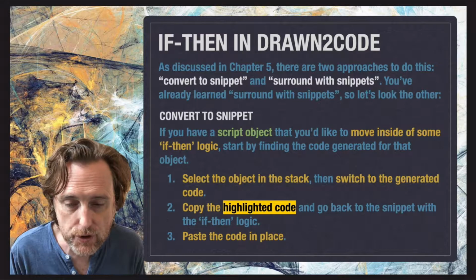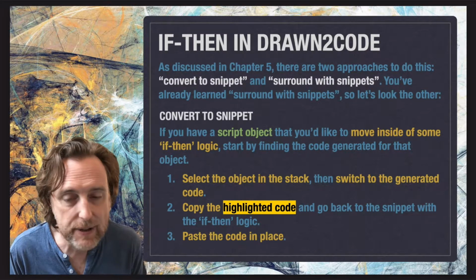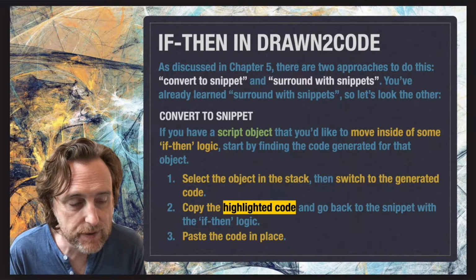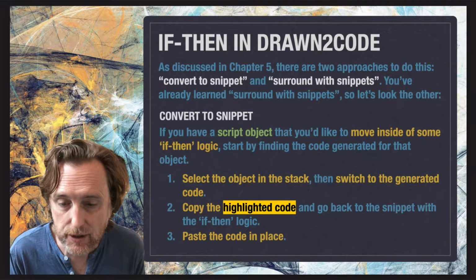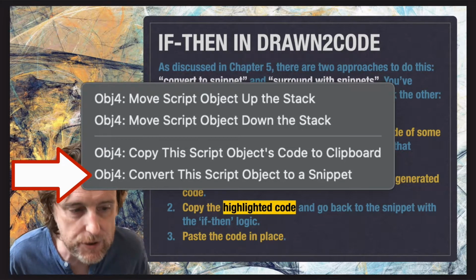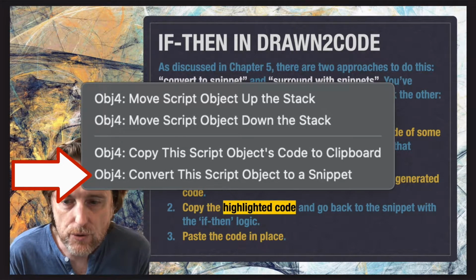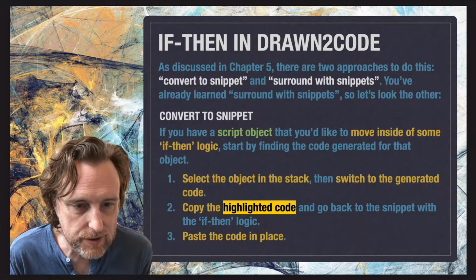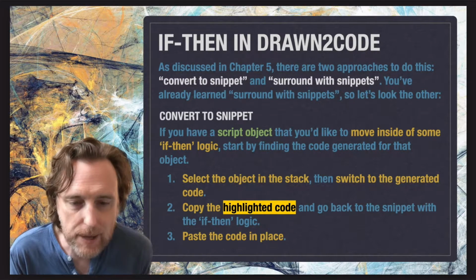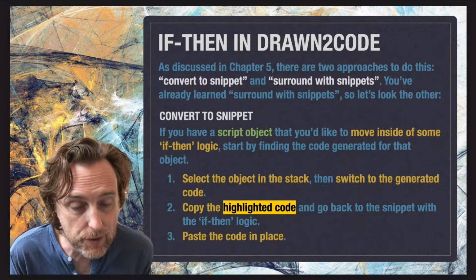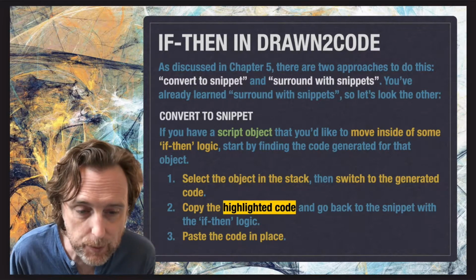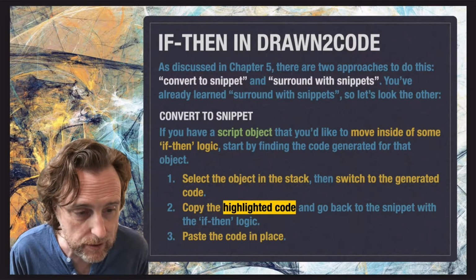Or if you're sure you don't want to have it as a script object in the future, instead of selecting copy snippet code, the other edit option is to convert the script object into a snippet. So that's another easy way to do this convert to snippet approach. But the bottom line is, in the end, you have the code either in its own snippet or on the clipboard for you to paste it into a snippet where you want to use it.